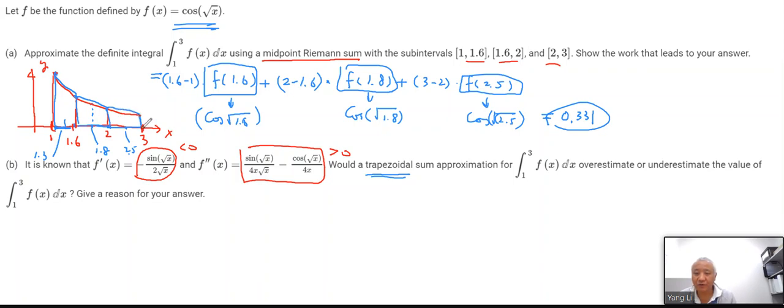Because this graph is open up, the trapezoid areas added together will be bigger than the area underneath the curve. So that's why we know the answer must be overestimate. It means that going through the trapezoid method by this setting, you will get an area bigger than the actual area, which is the result of the integration of this. Okay, that's overestimated.